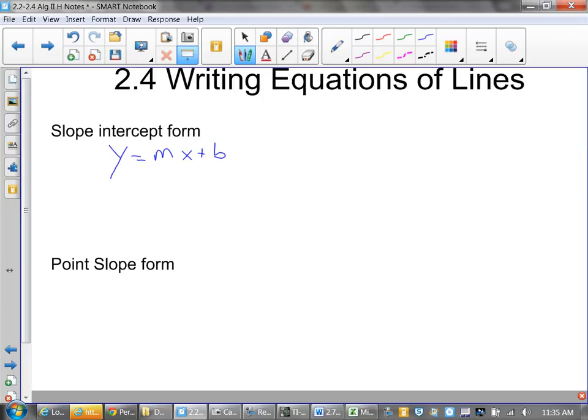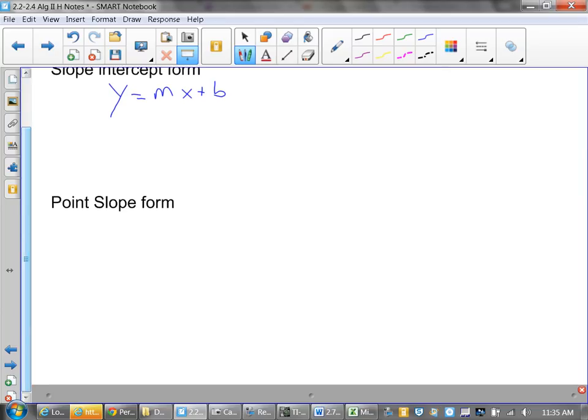When do you use point slope form? A point and slope. You use point slope form whenever you have a point and a slope. For example, x, y is your point and your slope is m.